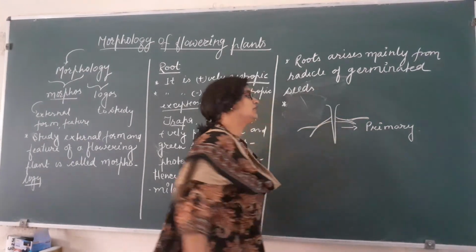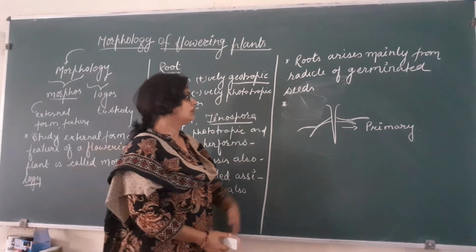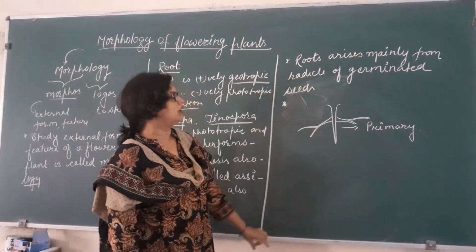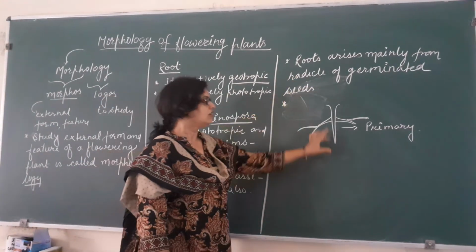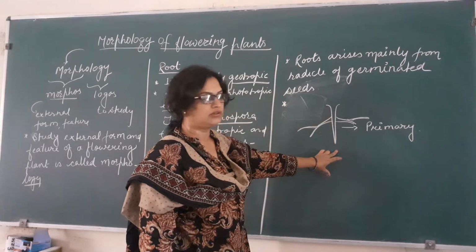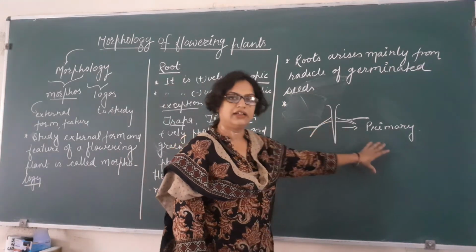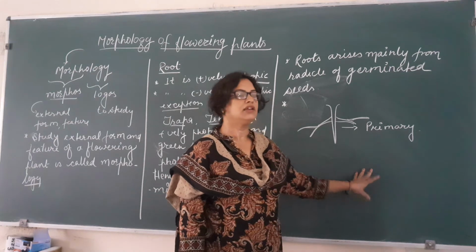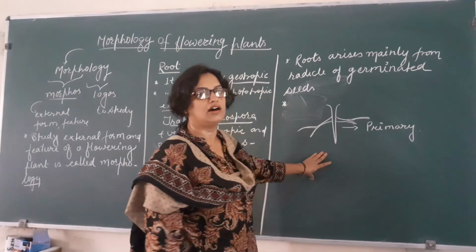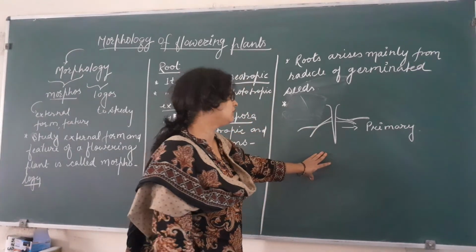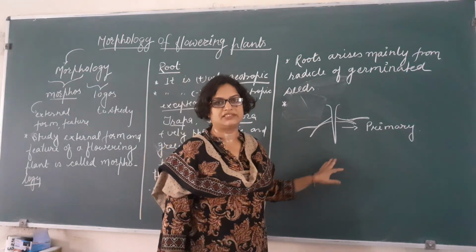So the root which arises from the radicle forms the primary root, secondary root and tertiary root. In this way they constitute a root system which is known as the tap root system.